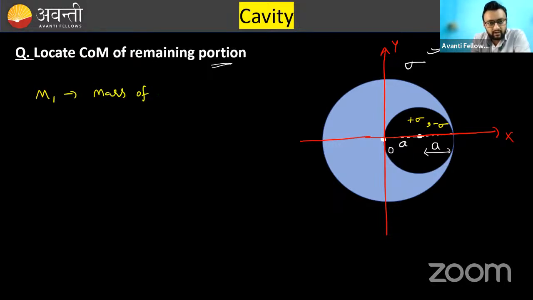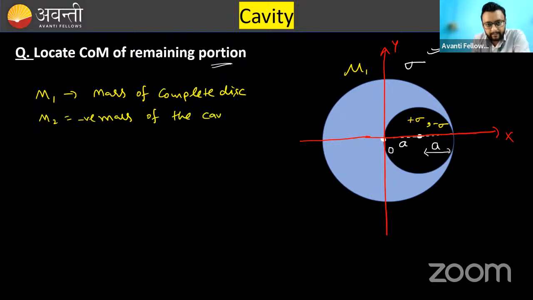Now, I am assuming M1 is the mass of the complete disk, and M2 is the mass of the cavity, or I can say the negative mass of the cavity that we have placed there.